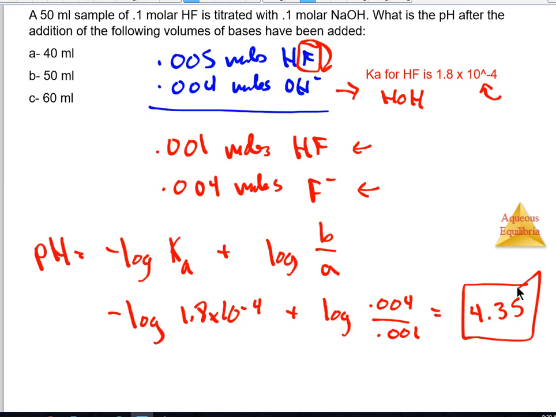Make a note to yourself, because this is some of the hardest things we're going to do. Below the titration curve, calculate the amount of weak acid left. Calculate the amount of conjugate base left over, or produced, or whatever, liberated, and then use Henderson-Hasselbalch. All right?